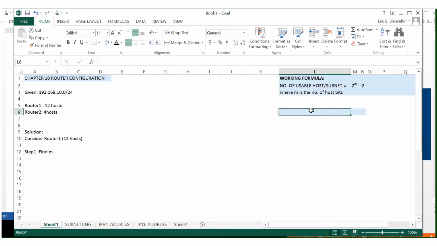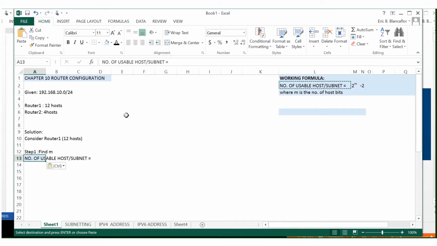So, we will apply trial and error. Okay? So, for example, I'll use the caret sign, that one is also 2 raised to M, right? So, let's say the value of M is 5. Okay?